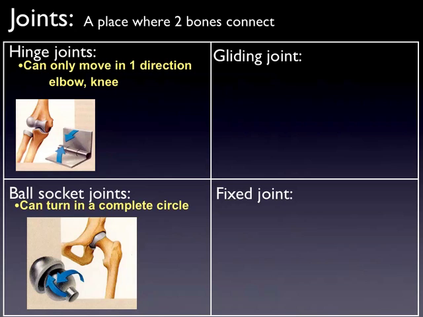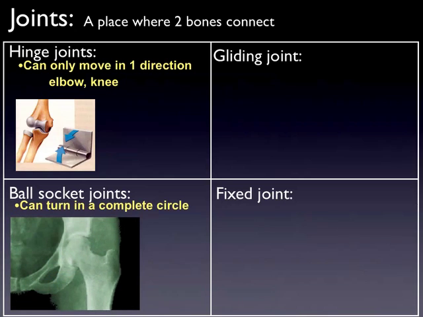So this is an X-ray, so you can actually see the bone, you see the pelvis, you could see the top of the femur, and you could see how it rotates. It has that indentation, and the femur rotates within the pelvis joint.